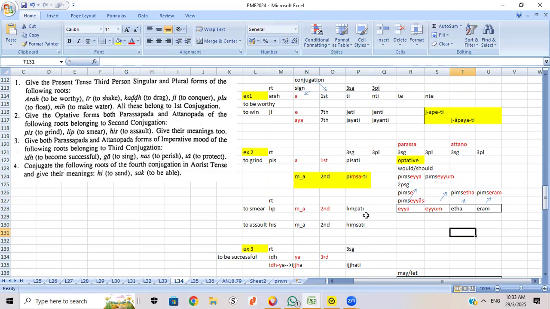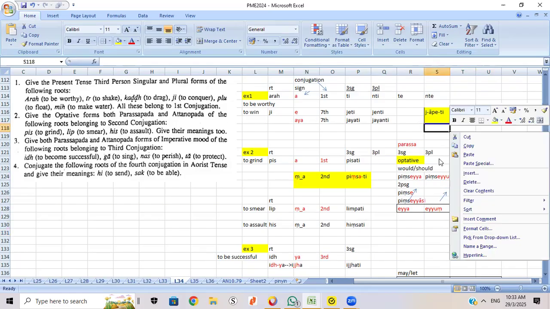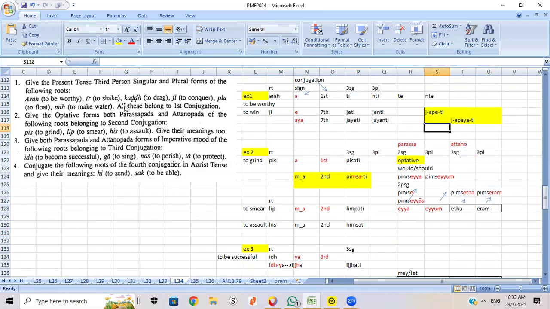Plus this becomes limpati. So the rest you can do it yourself. For the next, you get this root, hims. Then this is himsati. Can you see this word? Himsati is to assault, a verb.